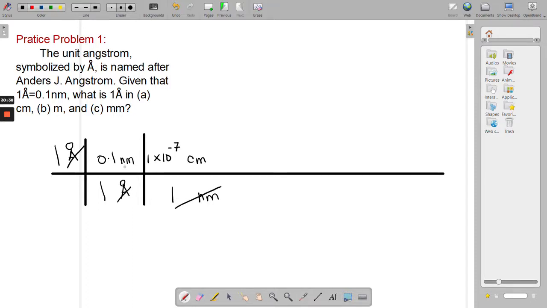We can cancel the nanometers, multiply 0.1 by 1 times 10 raised to negative 7 centimeters, and the answer would be 1.0 or 1 times 10 raised to negative 8 centimeters. Okay, so that is our first answer, 1 times 10 raised to negative 8 for letter A.